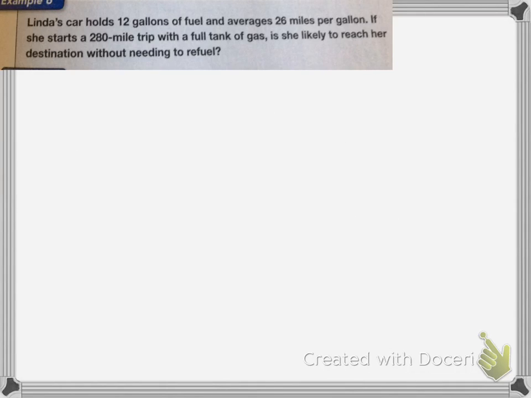Okay, on this one, Linda's car holds 12 gallons of fuel and averages 26 miles per gallon. If she starts on a 280-mile trip with a full tank of gas, is she likely to reach her destination without needing to refuel?